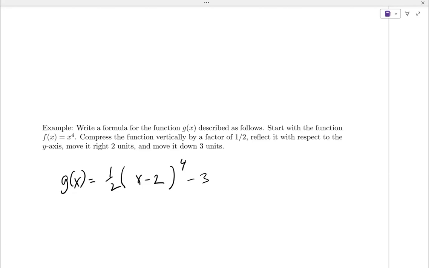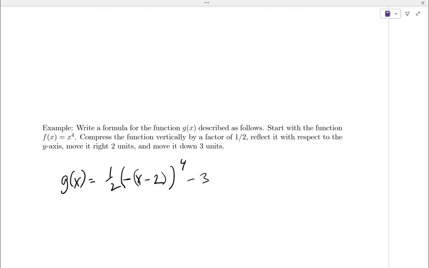To do a reflection, we put a negative, but remember again, I told you when we handle these things, I want to factor out the coefficients, so we'll put a negative like that to make the reflection. Just like I talked about when the first thing we did was factor out the coefficient, right? Now, this one we started with x to the 4th.